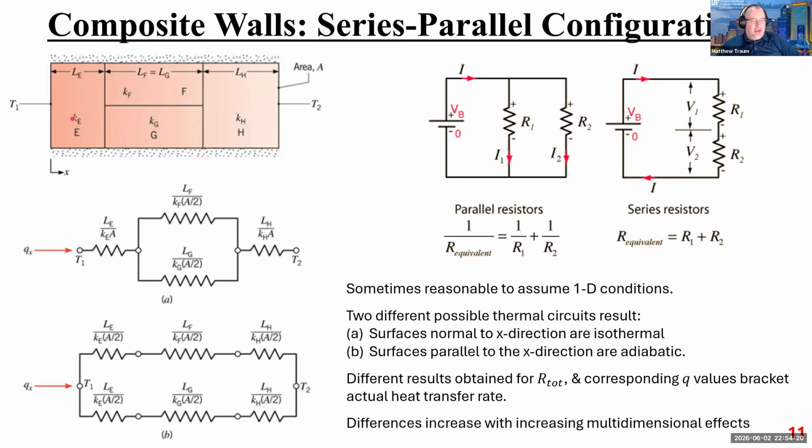Another way of thinking about it is I can just divide this. So I can cut a line all the way through here, and I can start with this temperature and make these two separate paths where there's no heat transfer from one path to the other. They're essentially isolated from each other. So let me show you what that looks like. I have, well, before I show you that, let me just make sure I read through this. Okay. So I say sometimes it's reasonable to assume 1D conduction.